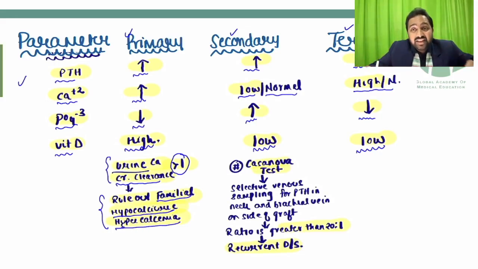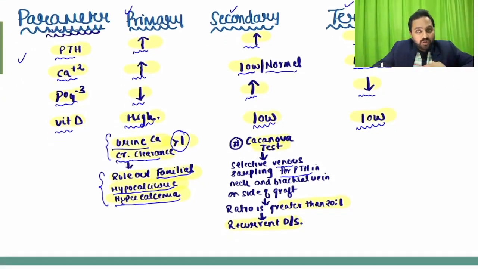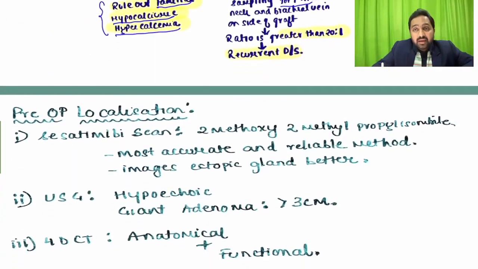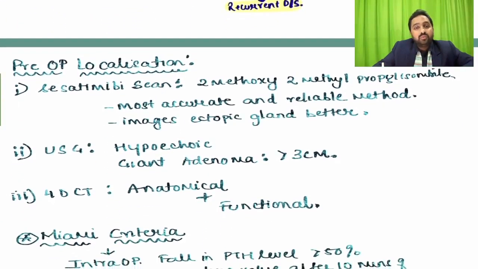Then there's a test called Casanova test, which is done in case of a secondary hyperparathyroidism. What is done over here is there is a selective venous sampling for PTH in the neck and the brachial vein on the side of graft. Now, if the ratio is greater than 20, it is suggestive of recurrent disease. Another important topic in case of your parathyroid is your pre-op localization.